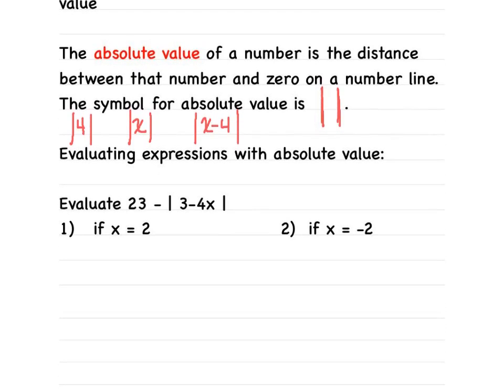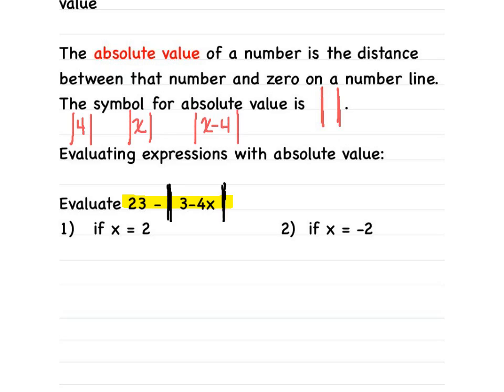Evaluate. Let me give you an expression including an absolute value. 23 minus the absolute value of 3 minus 4x. I just want to make sure that you understand those are absolute value bars.